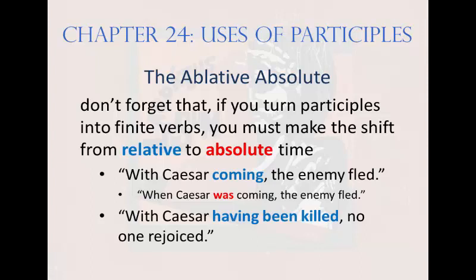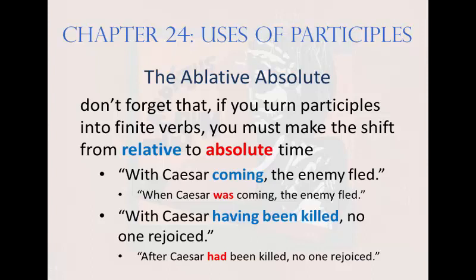And the main verb is past tense. So what tense in absolute time shows action prior to the past? The pluperfect. After Caesar had been killed, no one rejoiced. I told you relative versus absolute time would keep coming up in this class, and this isn't the last time. Just wait until the next chapter.